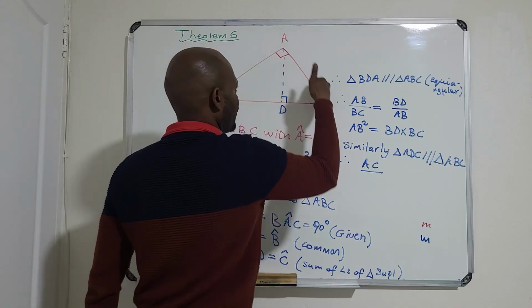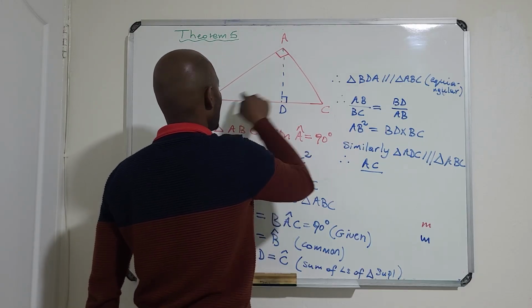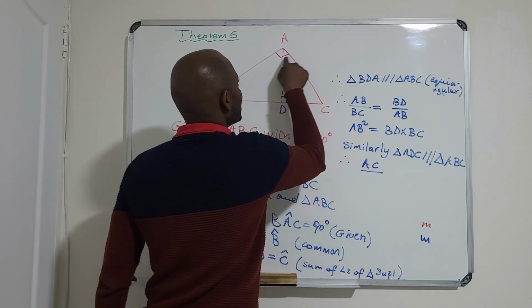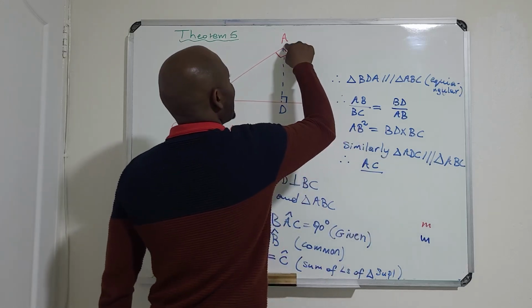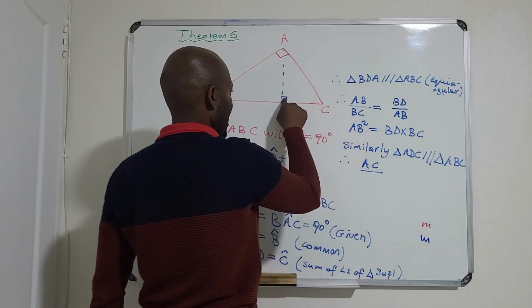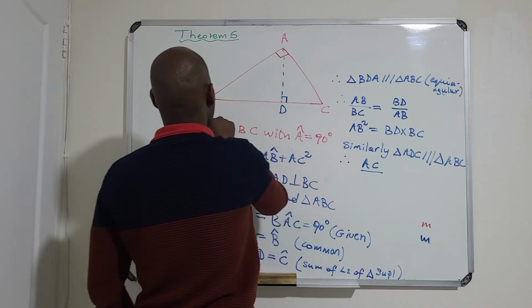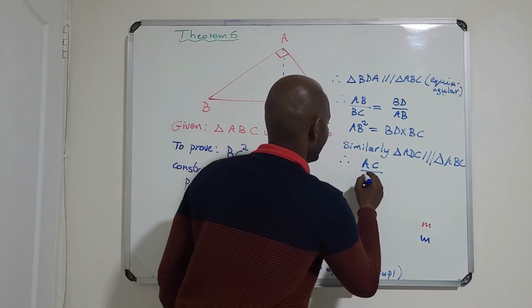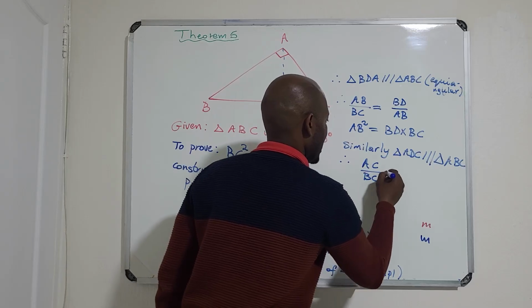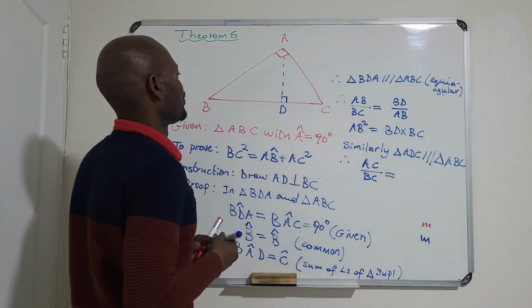So since this is opposite 90 and this is opposite 90 in the two triangles, then I'm going to say AC, which is opposite 90, over BC, which is opposite 90, is equals to.